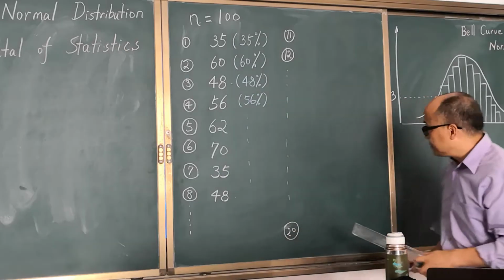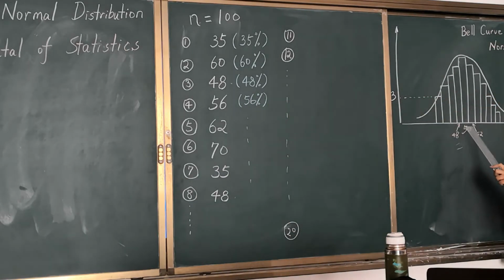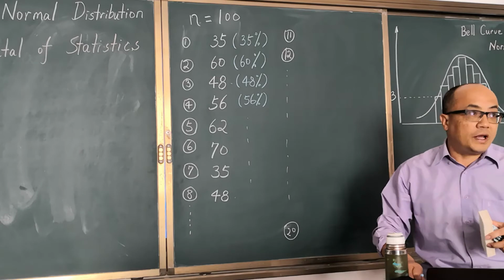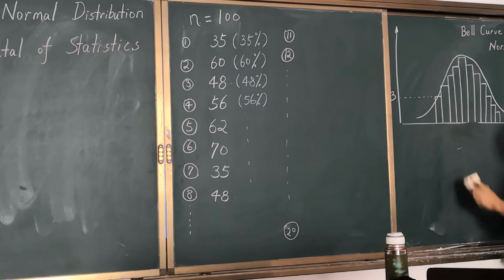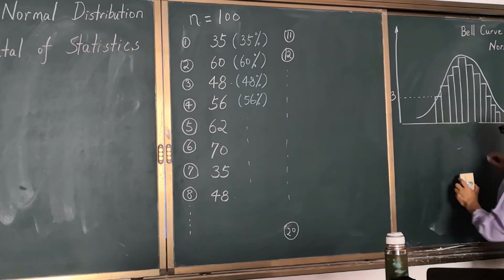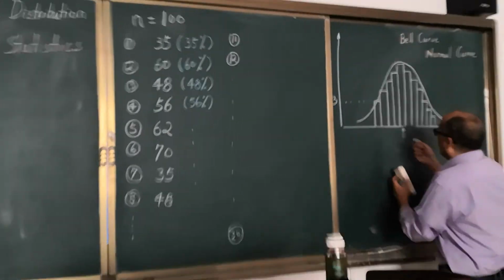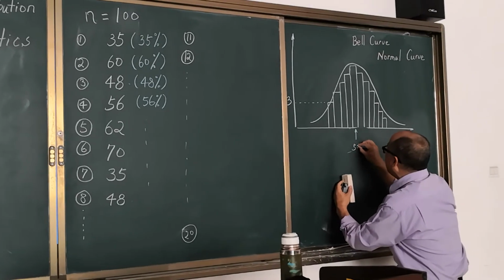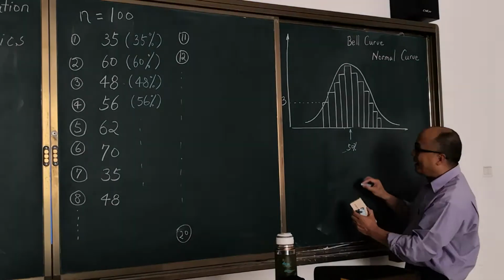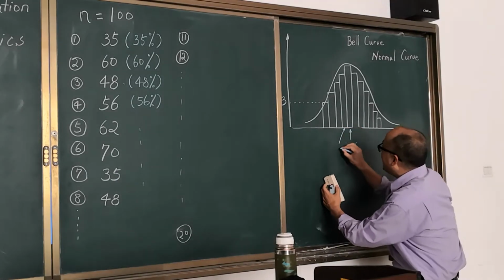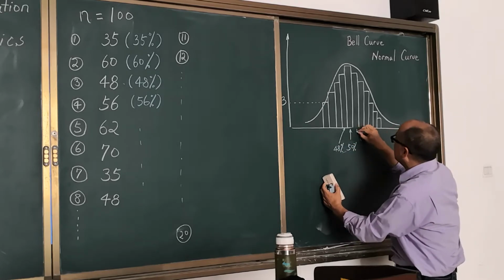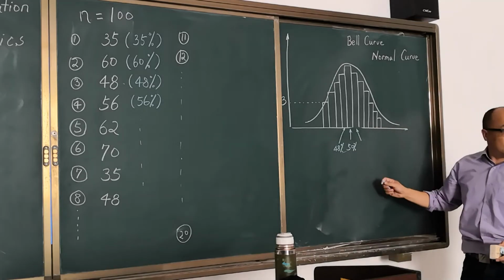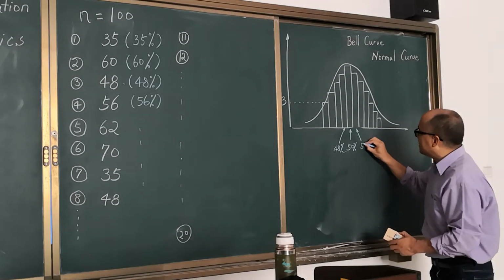So the label here, instead of saying 50 times, usually we label it probability. Here the probability is 50%. Here the probability is 48%. 52%.